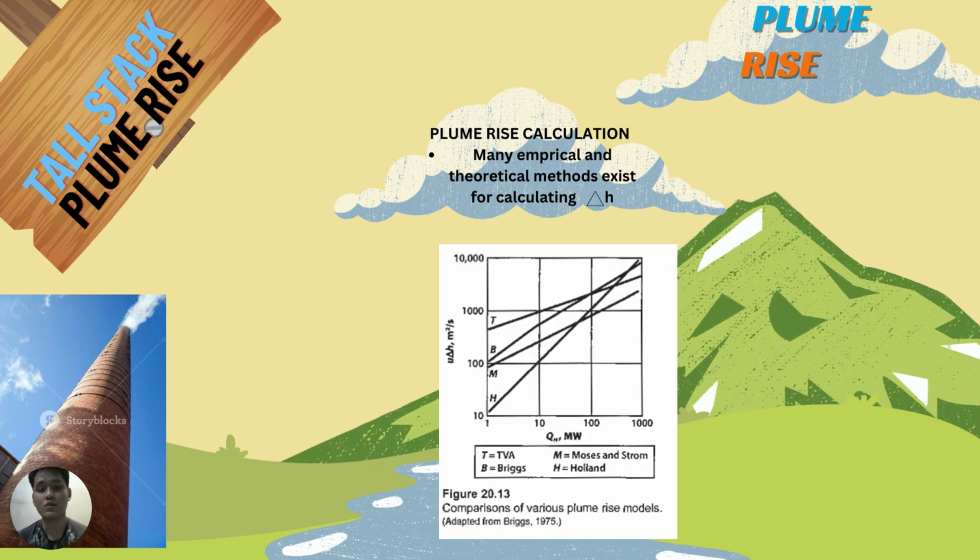In addition to the Gaussian model, to calculate delta H we can also calculate plume rise from the empirical and theoretical methods in the slides. We can calculate delta H using many existing methods by determining the value of QH in megawatts.